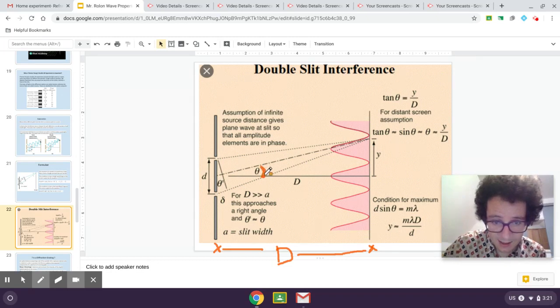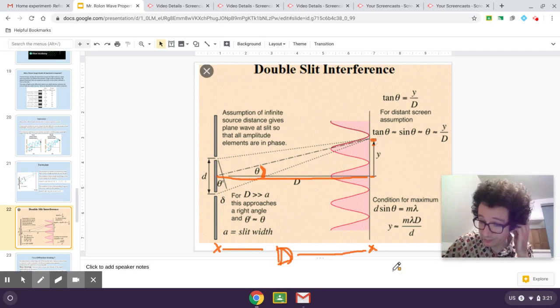To find this angle, we just need to know that capital D and the distance between the two dots. So that's it. If we measure the distance between the two dots, the distance between the screen and the grid, and if we know the distance between these two apertures here, we can find lambda.